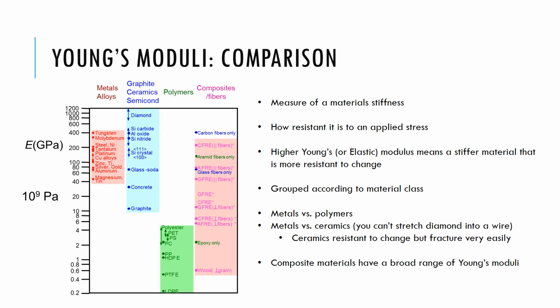Metals tend to have Young's moduli of anything between 40 to 400 gigapascals. And look at the difference you see between metals and polymers. Polymers have Young's moduli of around 0.2 to 4 or 6 gigapascals. That tells you something about the nature of the bonding in those materials. Look at the differences in metals versus ceramics.